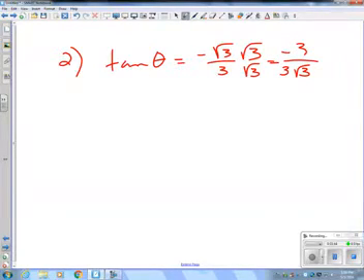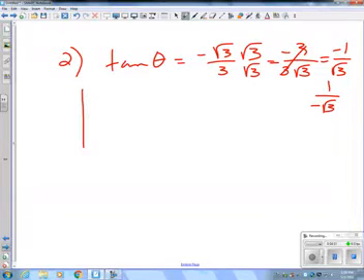So I rationalized it and got the square root of 3 over 3. Square root of 3 cancels out these 3's, giving me negative 1 over the square root of 3. But I don't know if that negative goes on top or if it goes on bottom, because it's already been moved up possibly. So I would look for this answer in quadrant 1. All of them are positive, so that wouldn't be there.